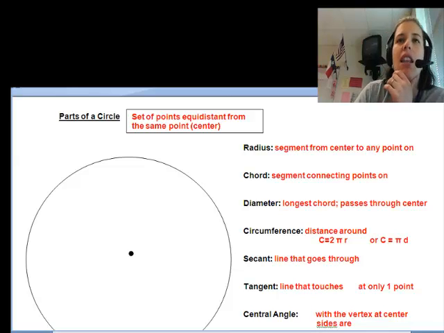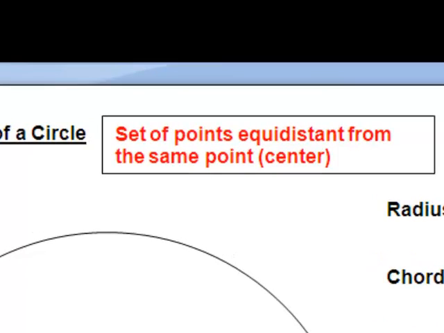One thing that I want to make sure that we focus on a lot is that all the relationships in a circle come from the very definition of a circle. So we need to make sure we know what that definition is. The definition of a circle I have right up here at the top, and it is a set of points that's equidistant from the same point.